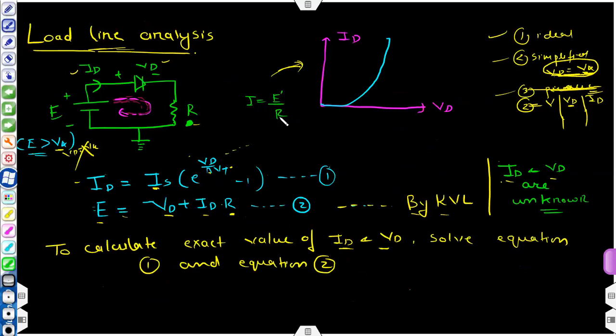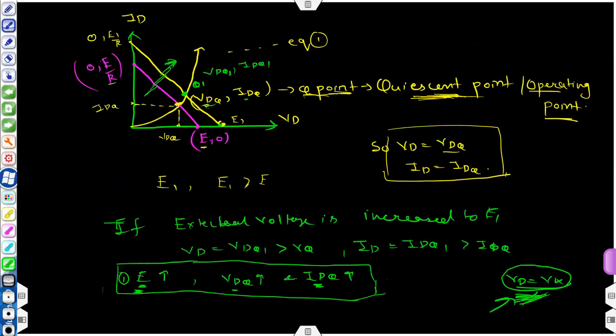If you decrease the value of R, I is again going to increase. So this is affecting it directly, and the same effect can be seen here. Increasing the value of E increases VD, ID. And next, what if you increase or decrease the value of R?